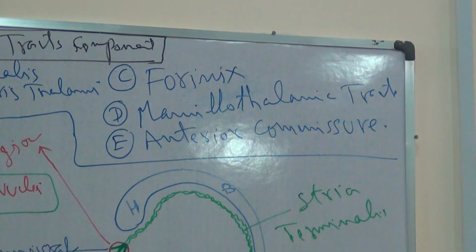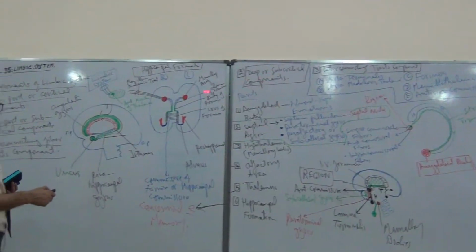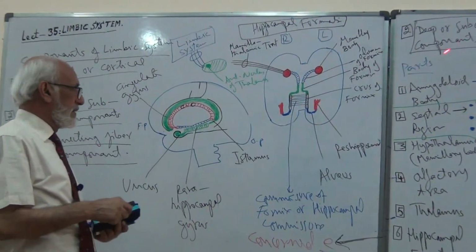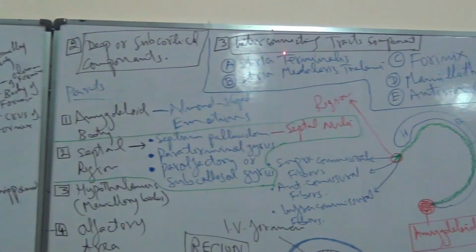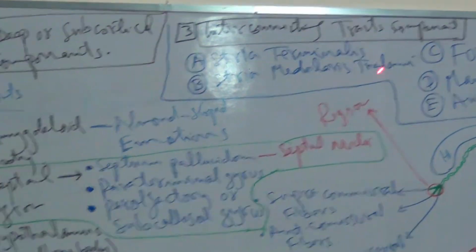So these are the three major components of the limbic system. Number one was the outer or cortical component, the other is the deep or subcortical component, and the third one is the interconnecting tracts component of this system.